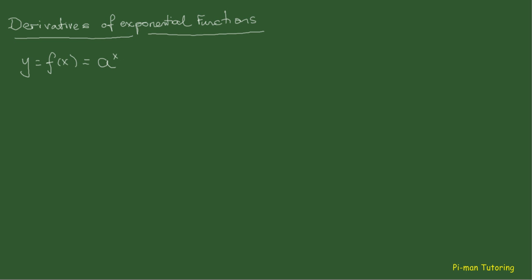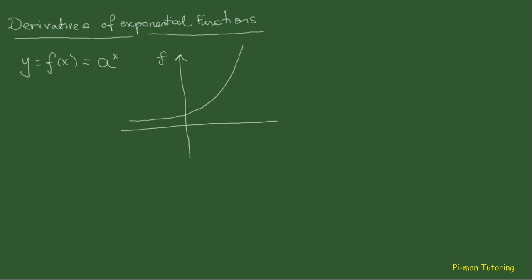This is our basic exponential function, and we know what it looks like. The basic shape of these exponential functions is that they pass through 0, 1, increase steeply in this fashion.